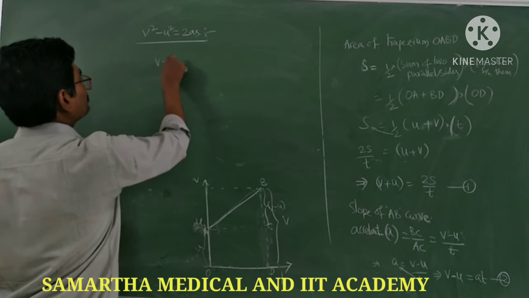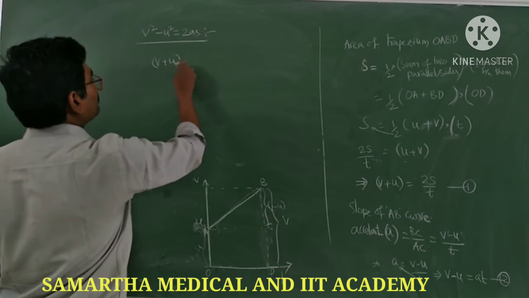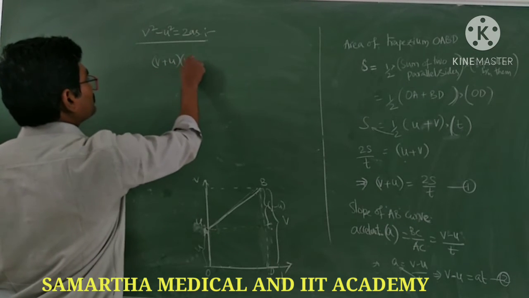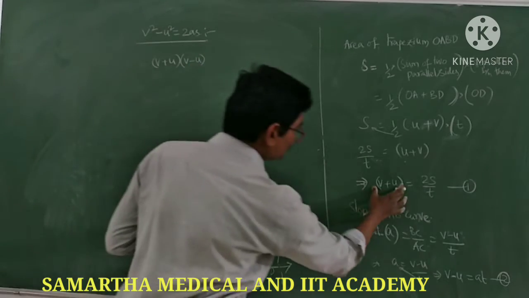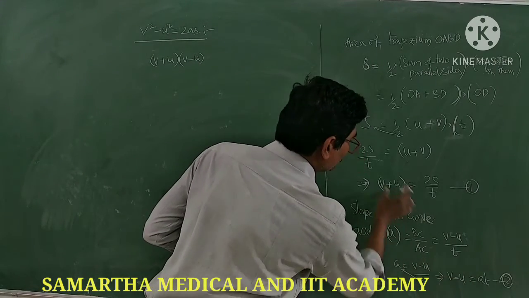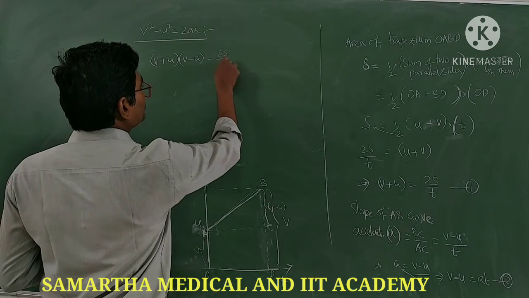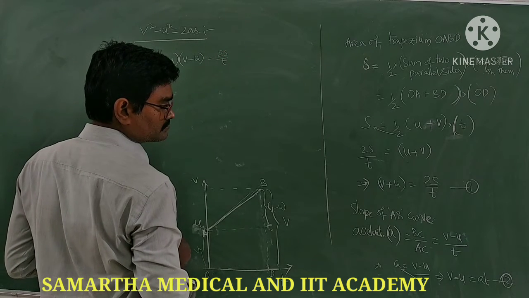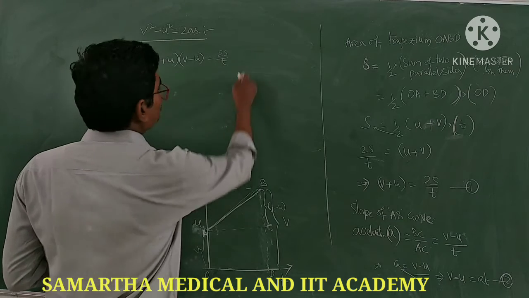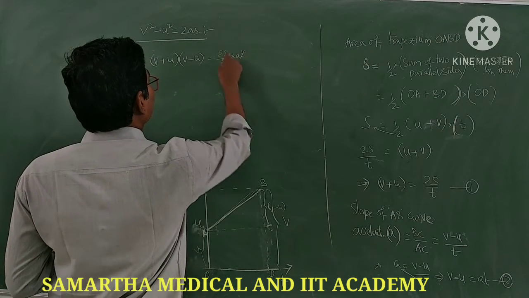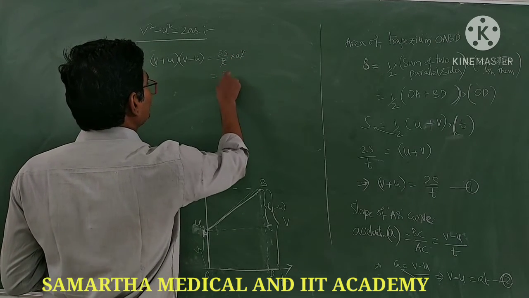So V plus U into V minus U. V plus U is this, here V minus U. Multiplying left side and right side. So what is this? 2s by t into at. Tt cancel. You will get 2sa, 2as.